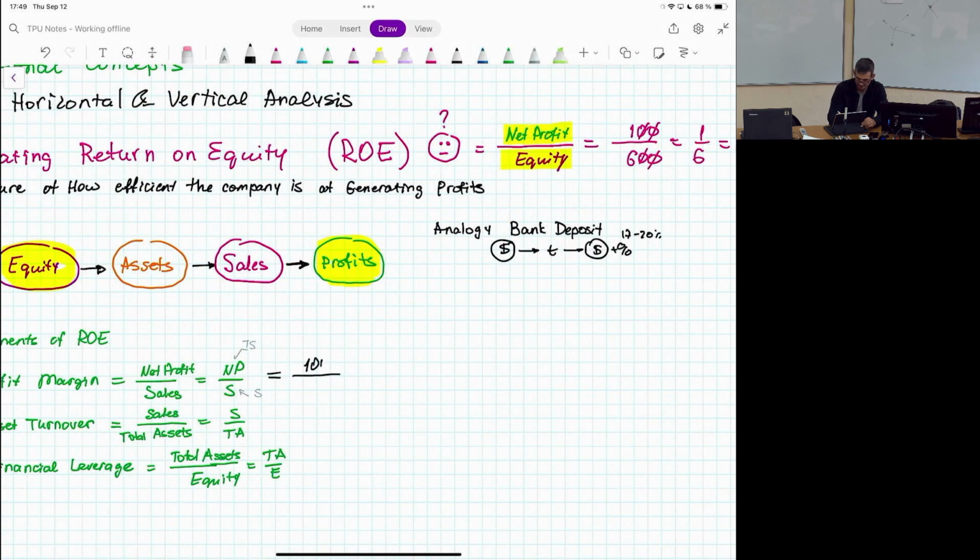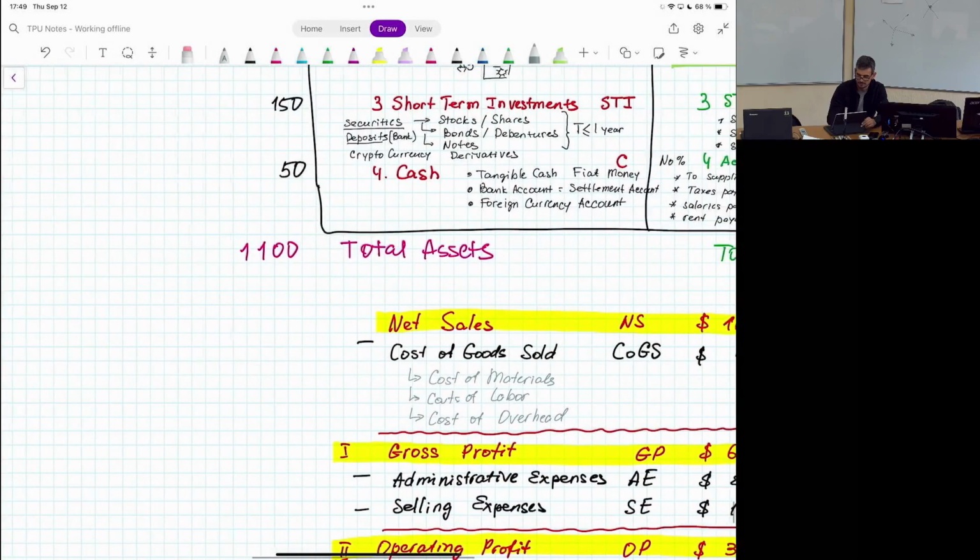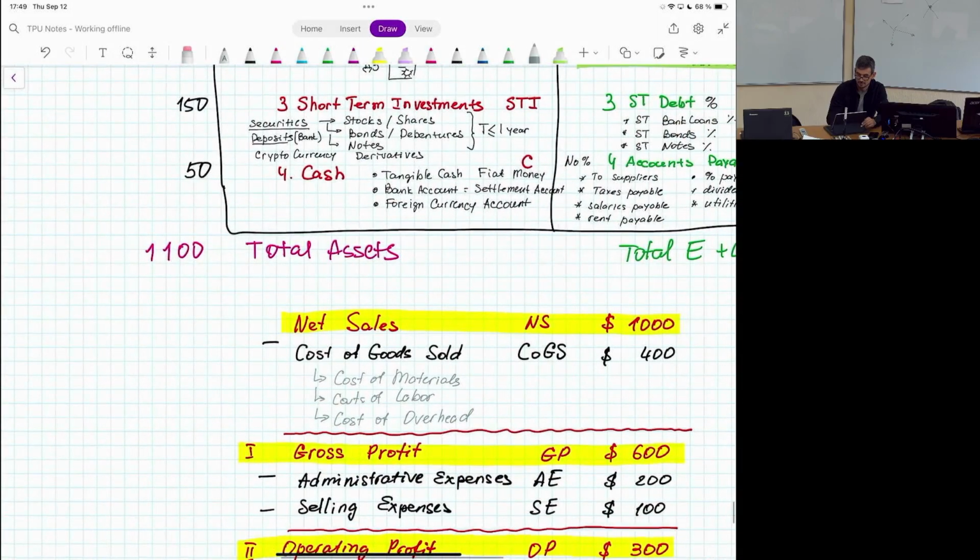$100, good. How much are sales? Where should we find sales? In the income statement. So we think, okay, this is from the income statement. Going to the income statement, and net sales are how much? 1,000. Yeah, we can use these net sales.